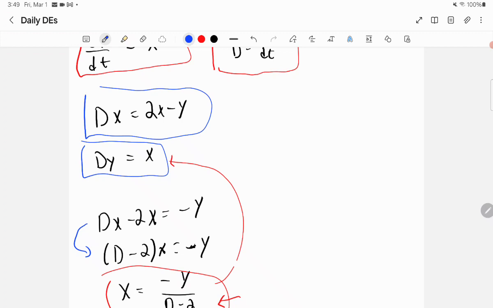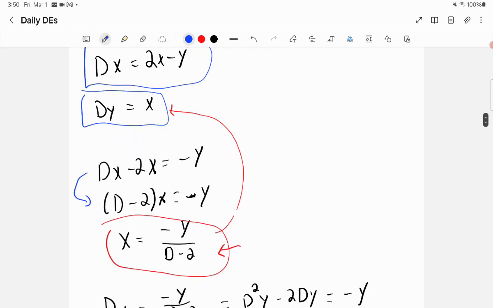So Dx minus 2x is equal to minus y, and I could think of D almost as if it was a coefficient. So D minus 2 times x, so I can factor out the x now, is equal to minus y. And that means that x is equal to minus y divided by D minus 2.